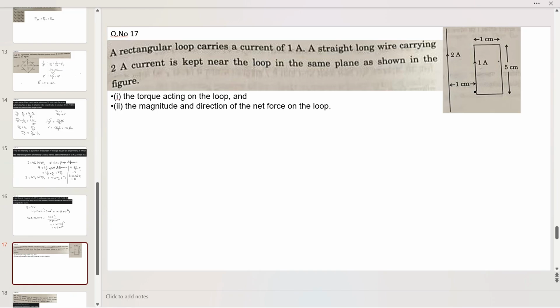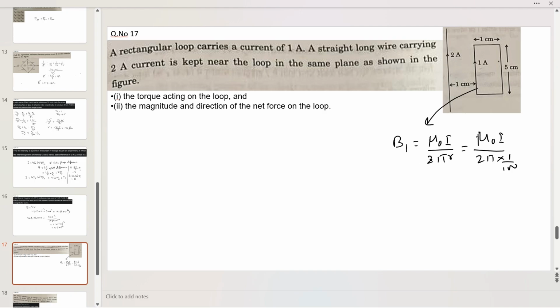Now first of all, on this side the magnetic field will be B1, that is equal to μ0 I by 2 pi r, that is μ0 into 2 by 2 pi, and your distance is 1 by 100, 1 centimeter.